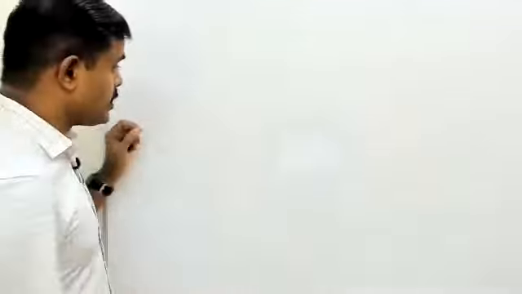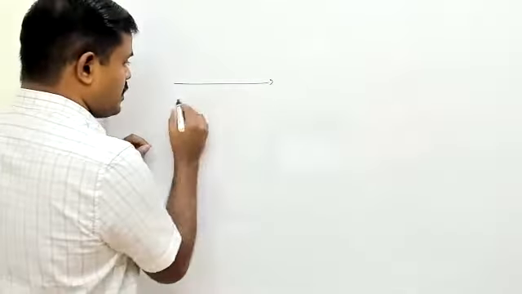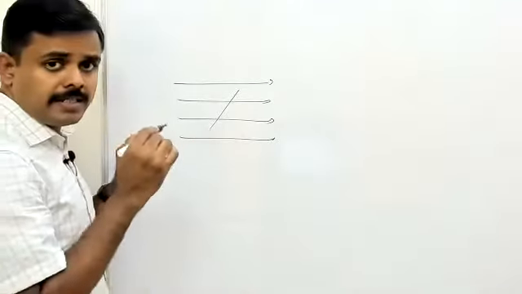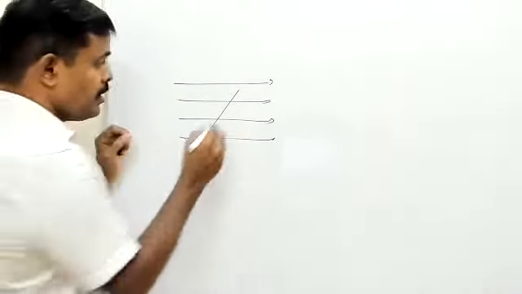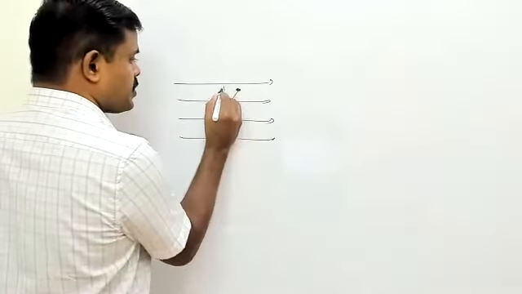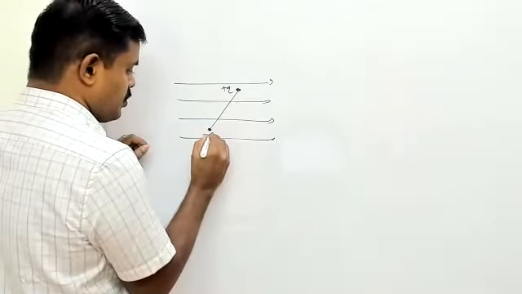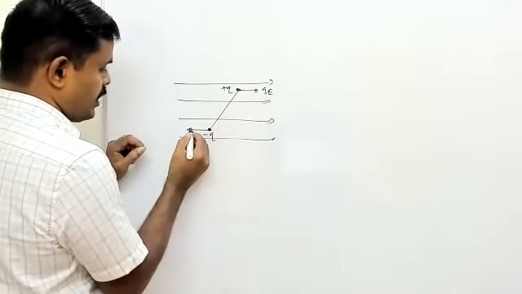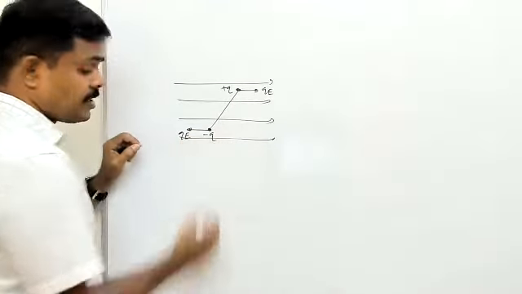Now, this is another question that can come from this part. This is the uniform electric field. Like I said once, this has been asked 8 times in entrance examinations so far. This is the charge plus Q, this is the charge minus Q. Here the force is QE to the right, here the force is QE to the left. What is the force on this dipole?